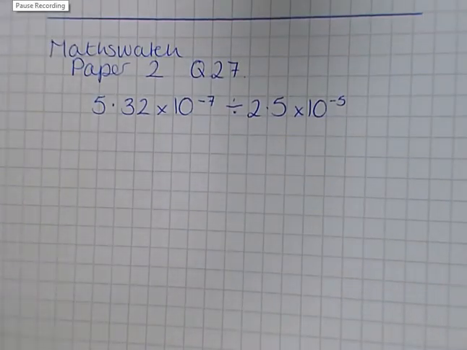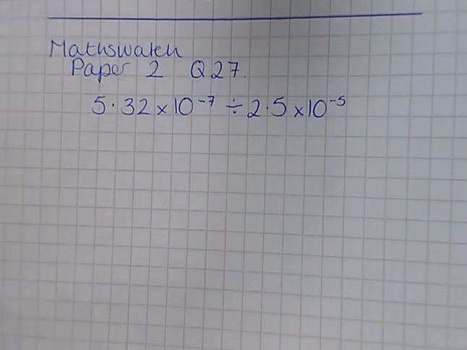Now the last example I'm going to show you with division is actually taken from the Maths Watch exam, paper 2, that you completed last week. It's question 27, and it's 5.32 times 10 to the power of negative 7 divided by 2.5 times 10 to the power of negative 5.